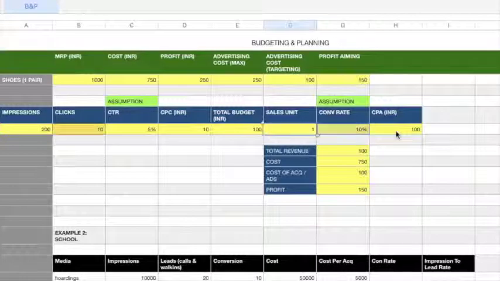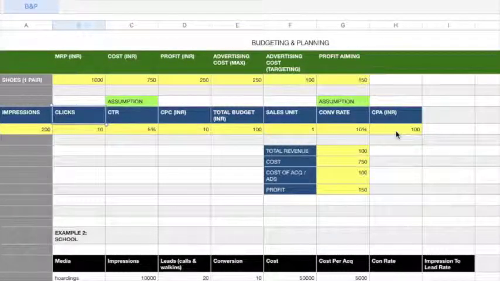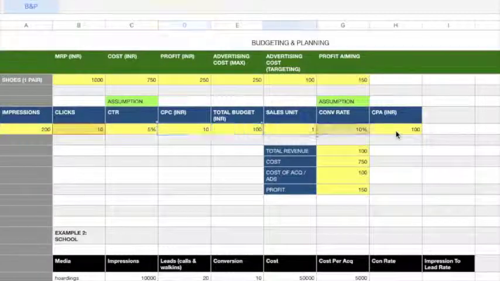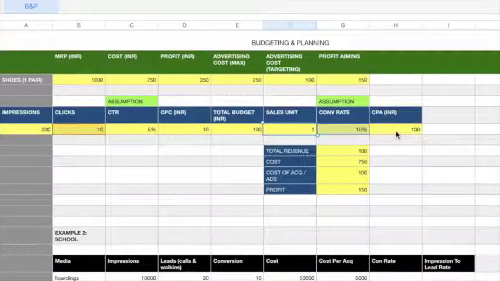Fine. And sales unit, of course, is 1. So we are deriving it for one person or one sale only. So one person is 10% of total number of clicks. Remember, clicks is almost equal to visits. And if we say that the conversion rate is 10%, we are essentially stating that out of 100 people who land on our website or 100 people who click on my ad, 10 people are going to buy, right?